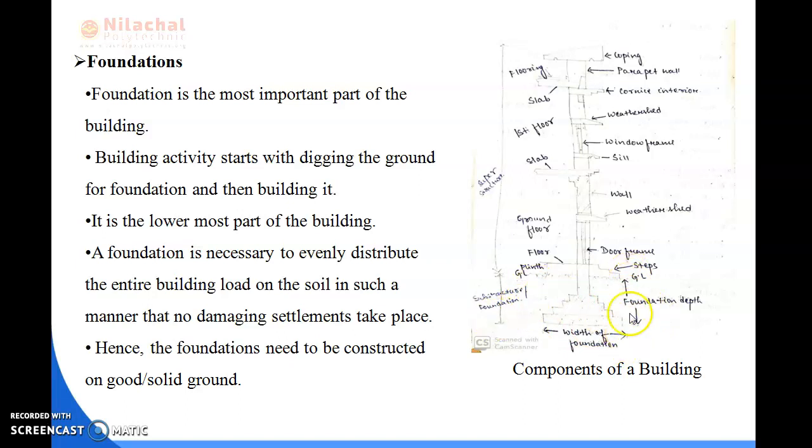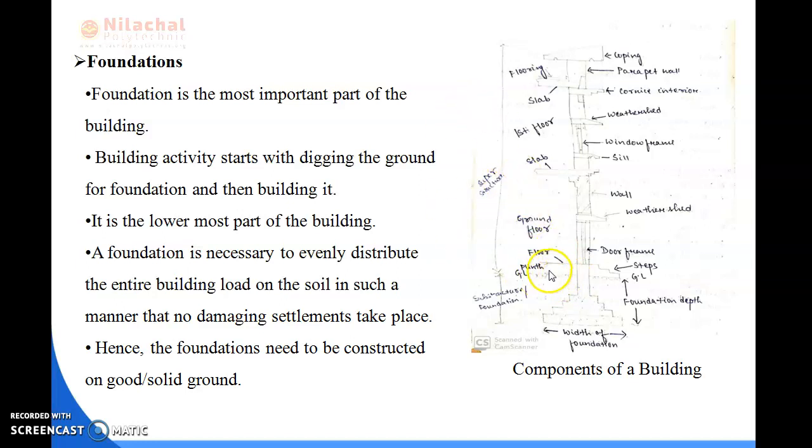This is the foundation depth. Below the ground level it is known as substructure, it is known as foundation, and this one is the width of the foundation. And here it is known as steps. Below the ground level I have told you this is known as substructure, and above it is known as superstructure.